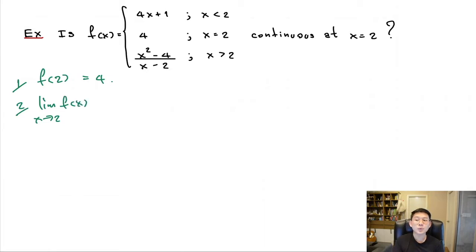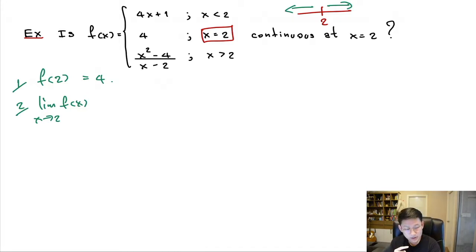But for this one, you can see we have x equals 2, x less than 2 and x bigger than 2. So when x approaches 2 from the left-hand side, we need to use this function, and when x approaches 2 from the right-hand side, we need to use this function. Make sense?